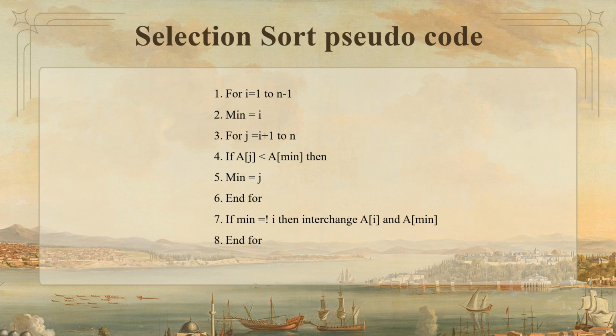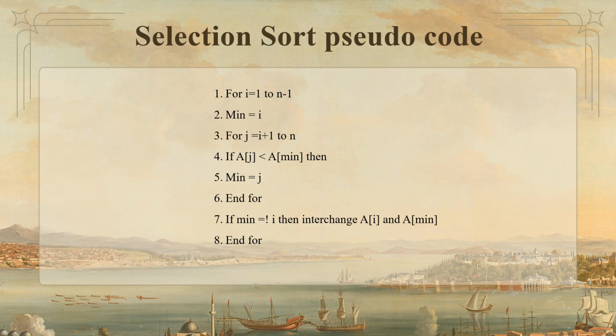This places the smallest element in its correct position in the sorted portion of the array. Lastly, end for. It means end the outer loop and continue with the next element in the array. I hope you all can understand the pseudocode of selection sort.